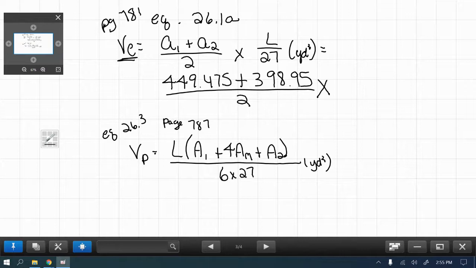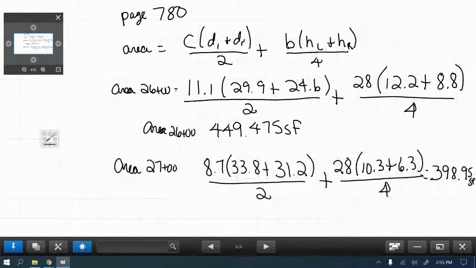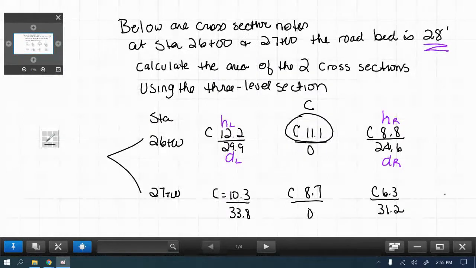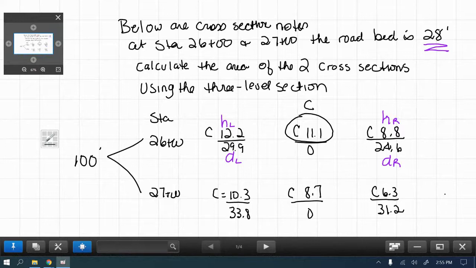L is your distance in stations. The distance between these two is 100 feet. It's not always 100. You'll see some that are 75 feet wide. So look at your station numbers. That's why I say don't make a mistake and assume everything's 100.